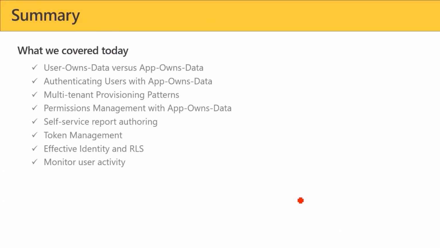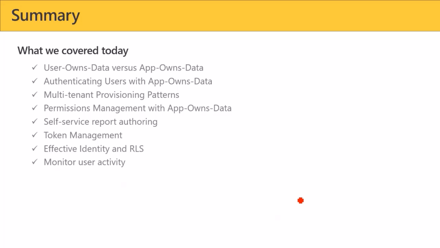Okay, so where are we, Scott? We covered a lot of stuff today, but if I review the common points, you've got to start with a decision of user owns data or app owns data. You can't start planning and implementing code until you've made that decision, because things are so drastically different.